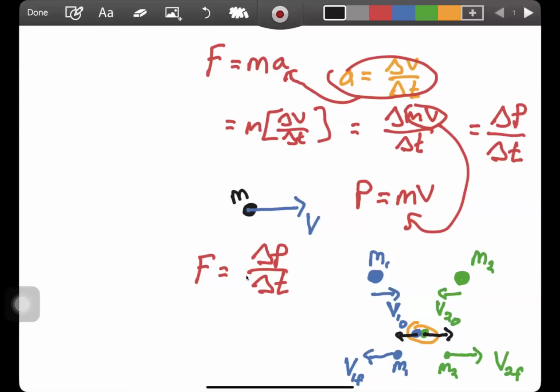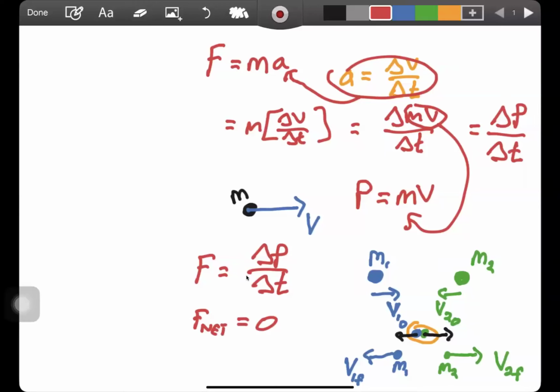So if you have equal and opposite forces on each other, let's say that the net force acting on the system of two masses colliding into each other is going to equal 0, because equal and opposite means they cancel each other out.